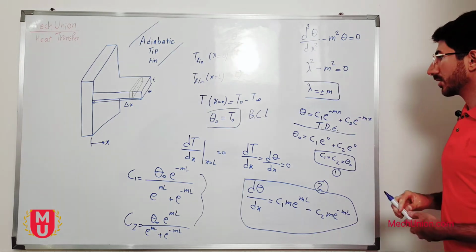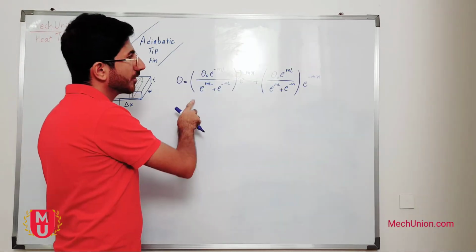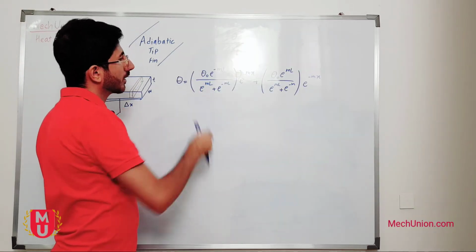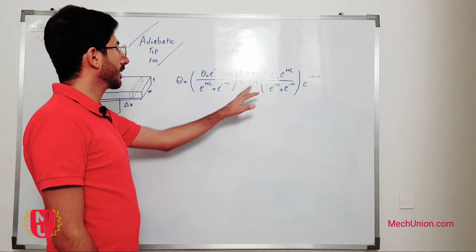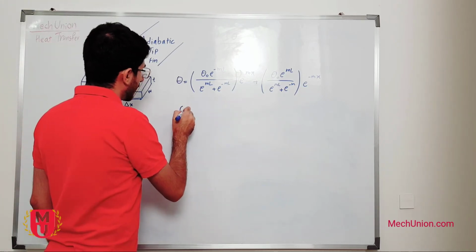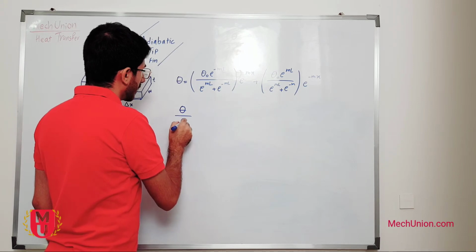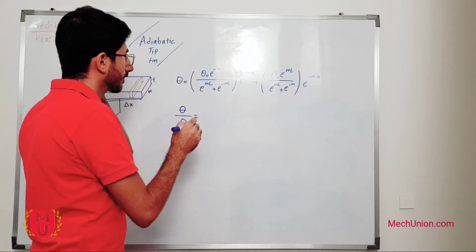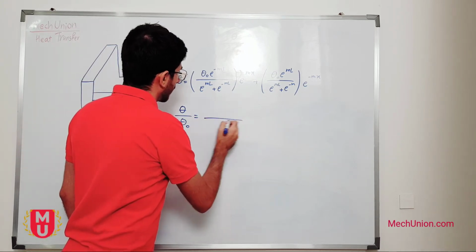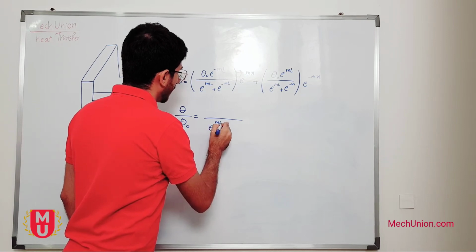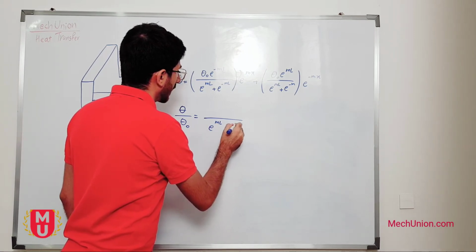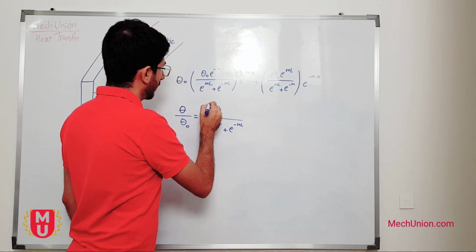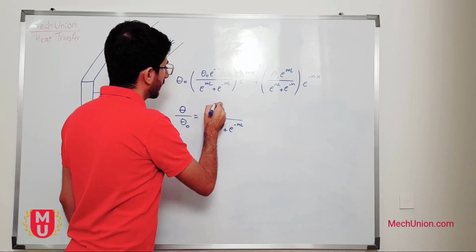In the main differential equation, if we factor out theta naught and make a common denominator, we have theta over theta naught equals e to the m times L minus x plus e to the minus m times L minus x, over e to the ml plus e to the minus ml.